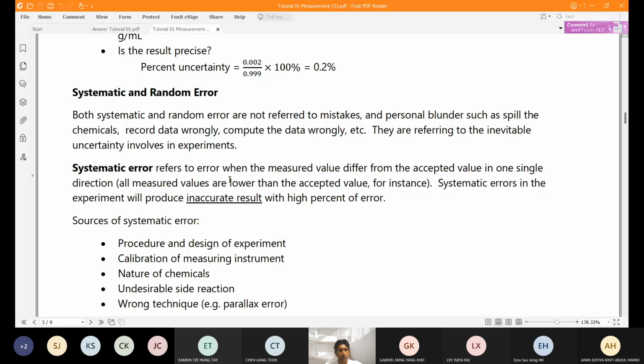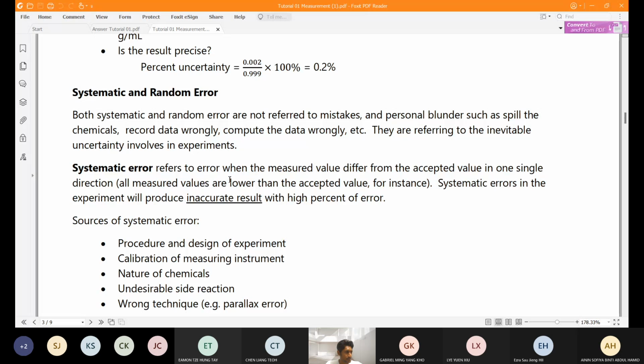Like if you are doing the titration, for example, I'm giving an example for systematic error. If you are doing a titration like yesterday and your sodium hydroxide is not 0.1, or there are some impurities in the sodium hydroxide, and then you are doing the titration with that sodium hydroxide.